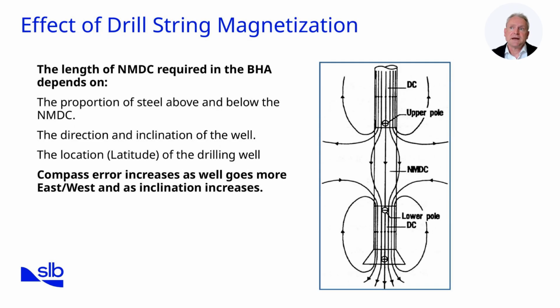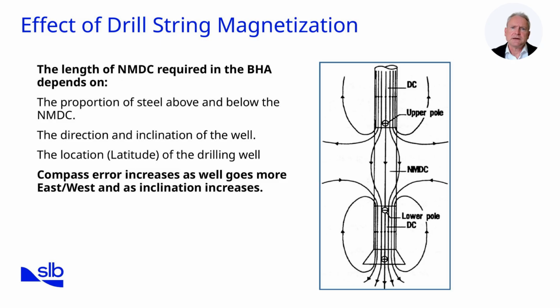Even with non-magnetic collars, drill string magnetization can still affect survey tools if not carefully managed. The required length of NMDCs depends on three main factors: the amount of steel above and below the survey tool, the well trajectory, and the geographic location. The closer the steel is to the tool, the stronger the magnetic distortion. Trajectory also matters.